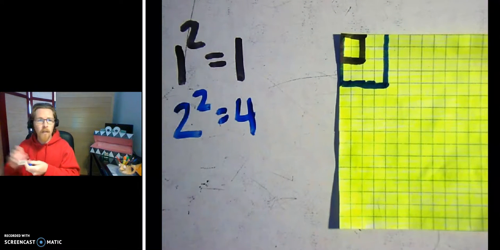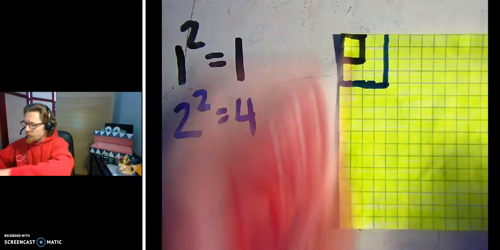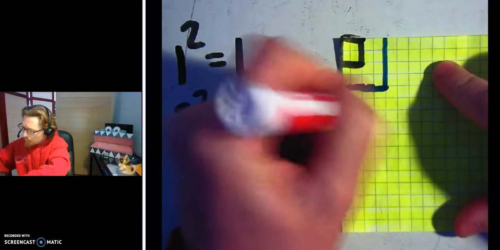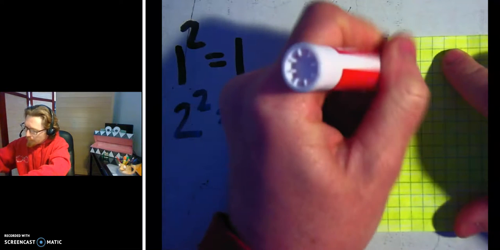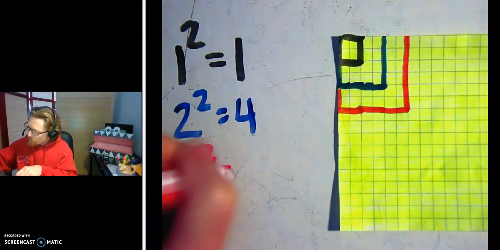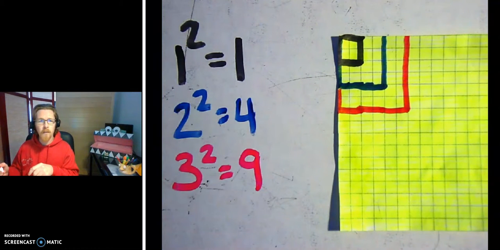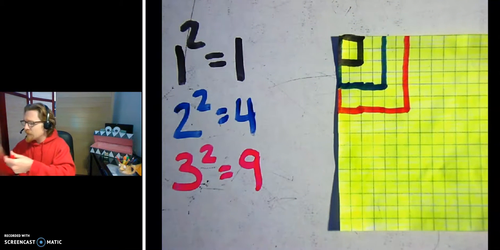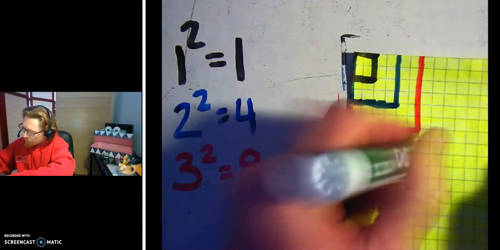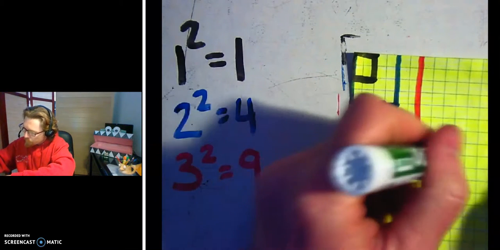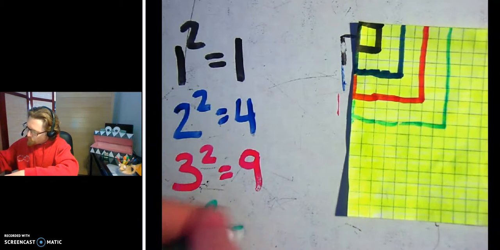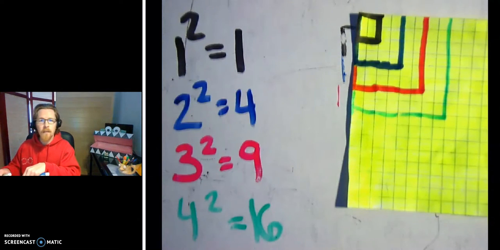If I extend it a little further and I go down another unit, so 1, 2, 3, and I go over 1, 2, 3, I've created another square. This is a 3 by 3 squared, and 3 by 3 is 9. And I can kind of continue this pattern. If I go down another, so I make it 4, and I go over 4, 1, 2, 3, 4, and I draw my square. This is a 4 by 4, and 4 squared is 16.